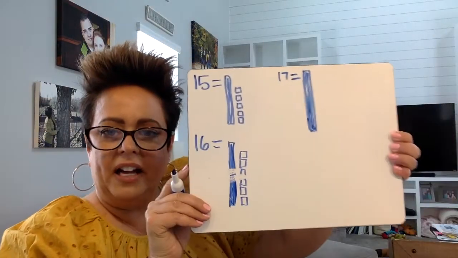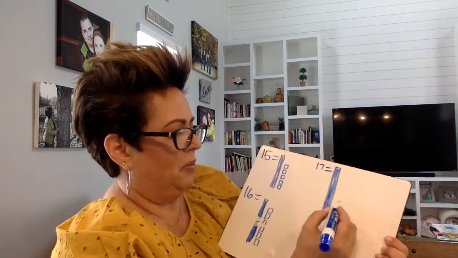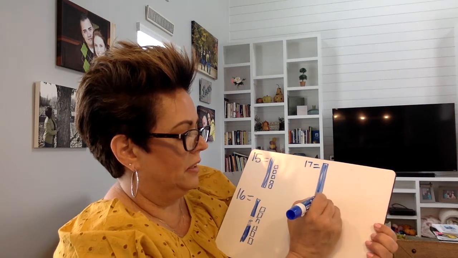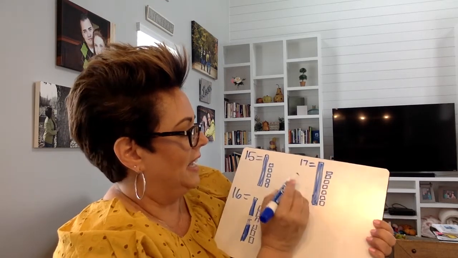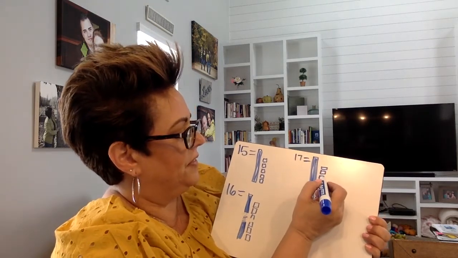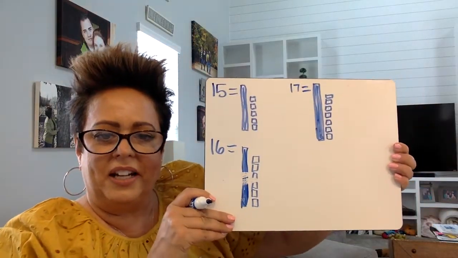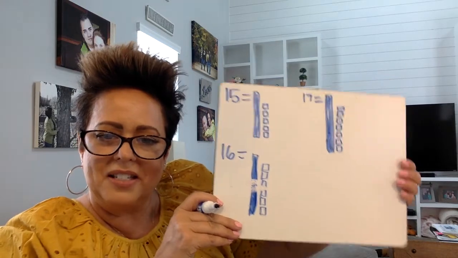To make 17, I need my tower, which is 10, and then I'm going to add how many ones? 1, 2, 3, 4, 5, 6, 7. 10 plus 7 more, 10, 11, 12, 13, 14, 15, 16, 17. So 17 equals 10 plus 7.